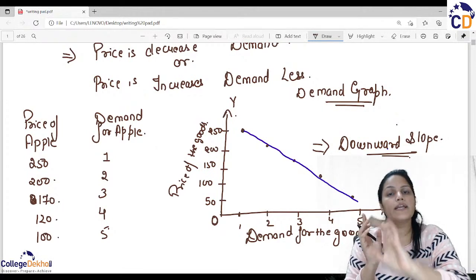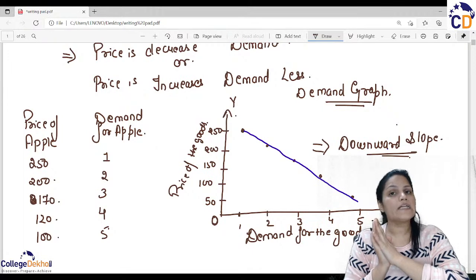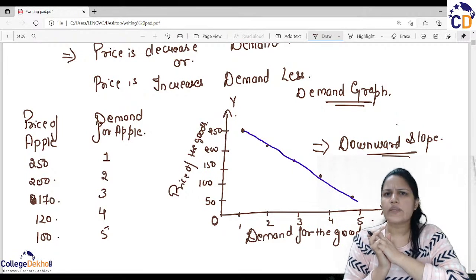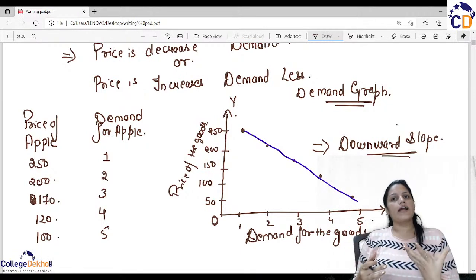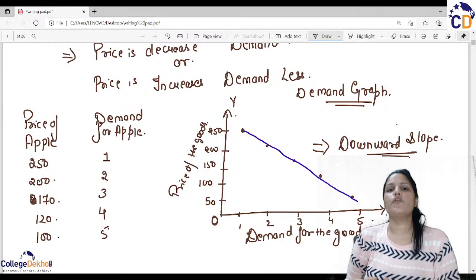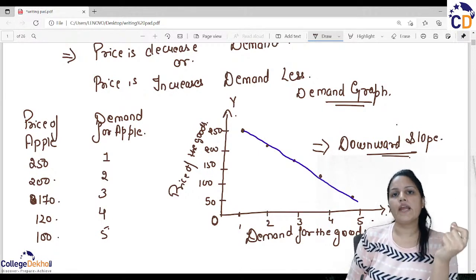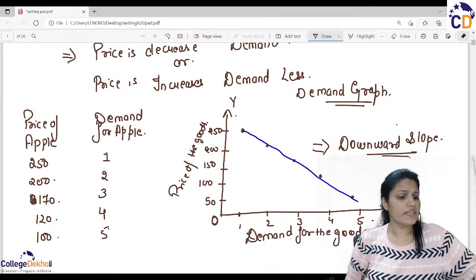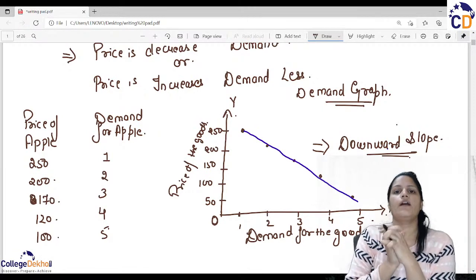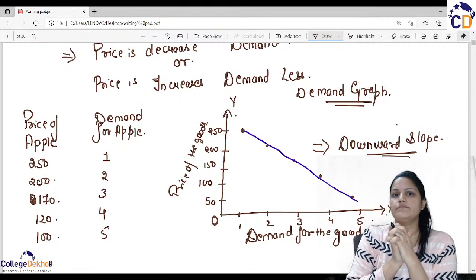We start the bargaining system. And under the bargaining system, the next step is we purchase less when the price is high, and when the price is down, we demand more. So it makes the desire, and when the desire is there, we are ready to pay the seller and take the item from them.